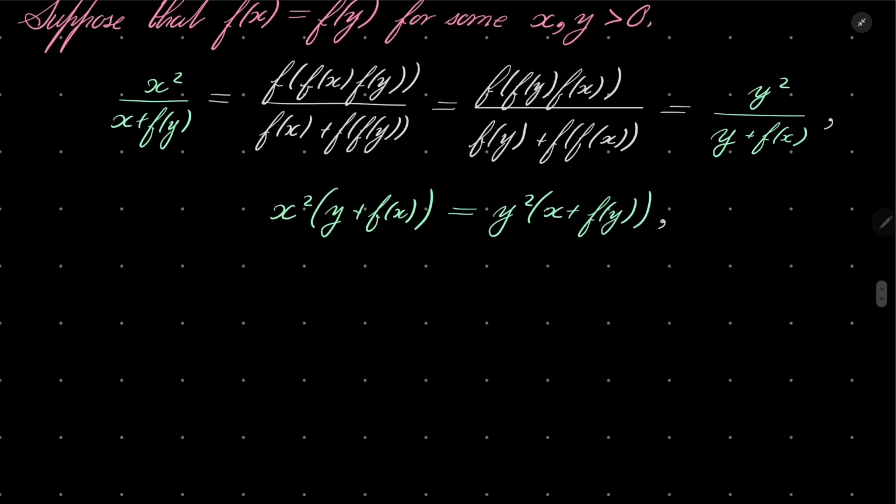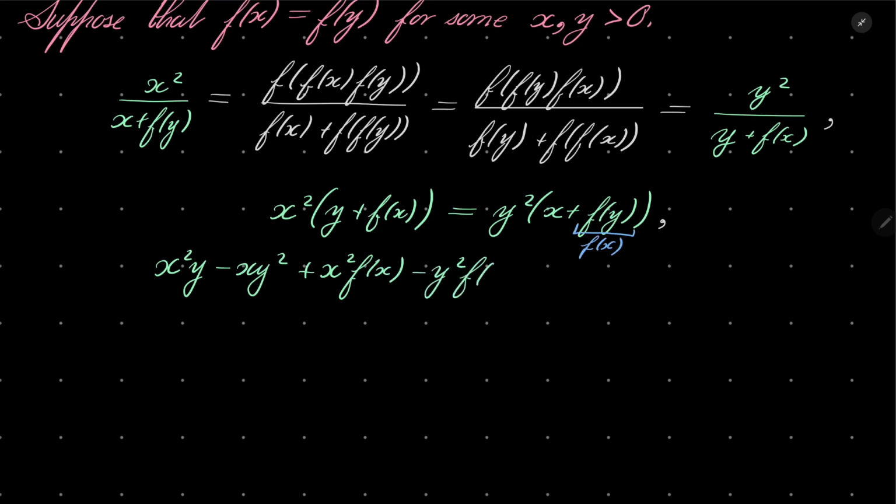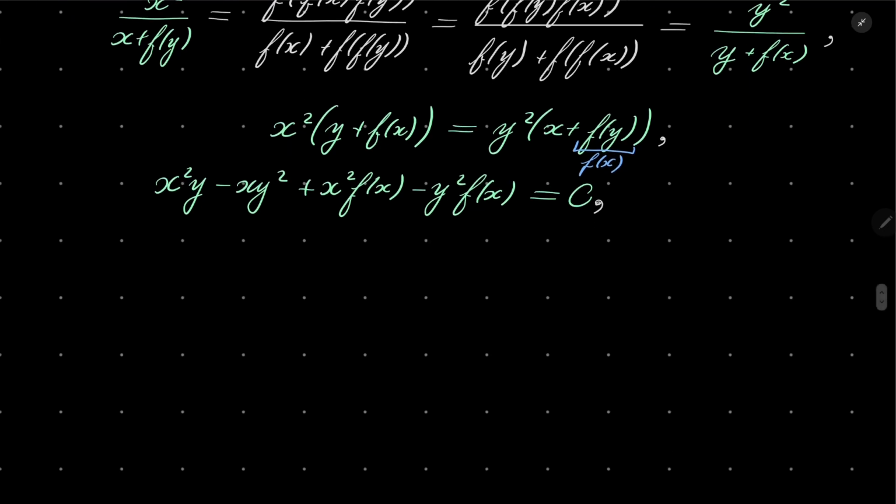And now we can do the following. Let's put everything on one side. So we have x squared y minus x y squared plus x squared f(x), and finally, I will do one more thing. f(y), remember, is exactly the same as f(x). So I can write minus y squared times f(x) instead of f(y), and that equals 0. Very well, and now common factors.